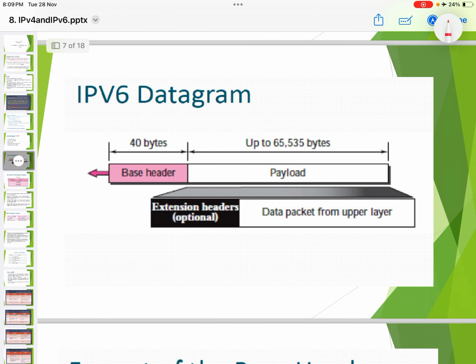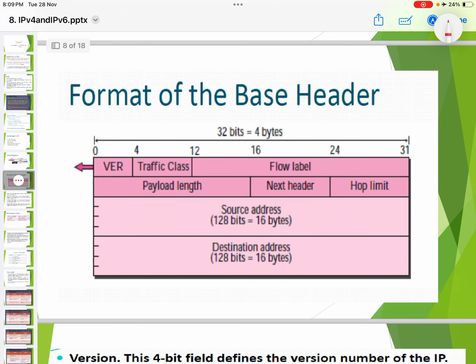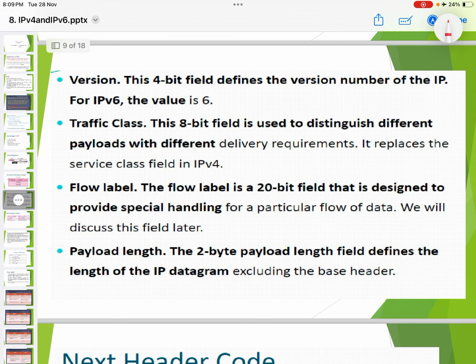So this is the IPv6 datagram. It has a base header which is 40 bytes and a payload which is up to 65,535 bytes. This is the format of the base header. Version: this 4-bit field defines the version number of IP.